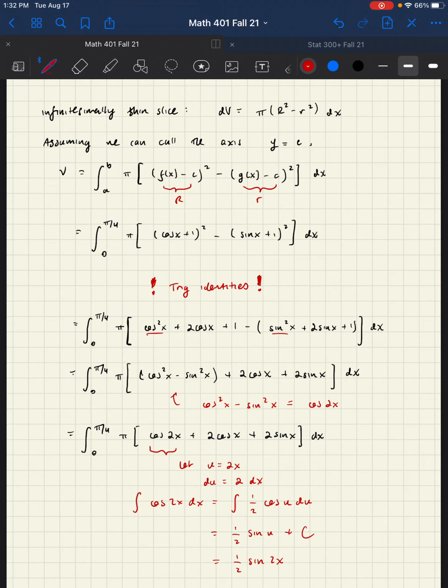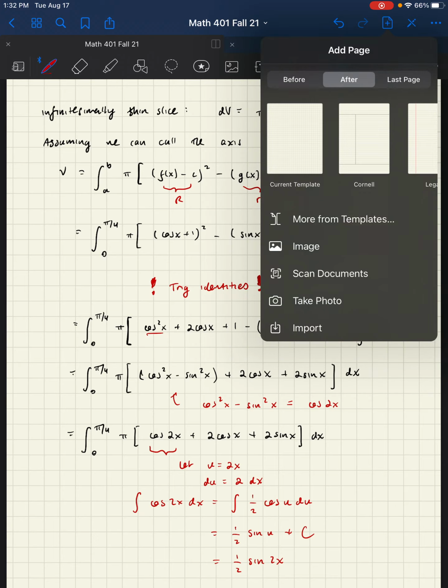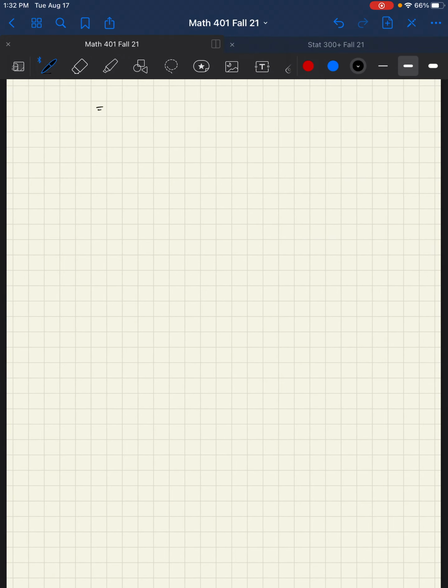Okay, so when we go to integrate that, that's the antiderivative, and we don't have to worry too much about that now. So all right, let's finish up this integral.